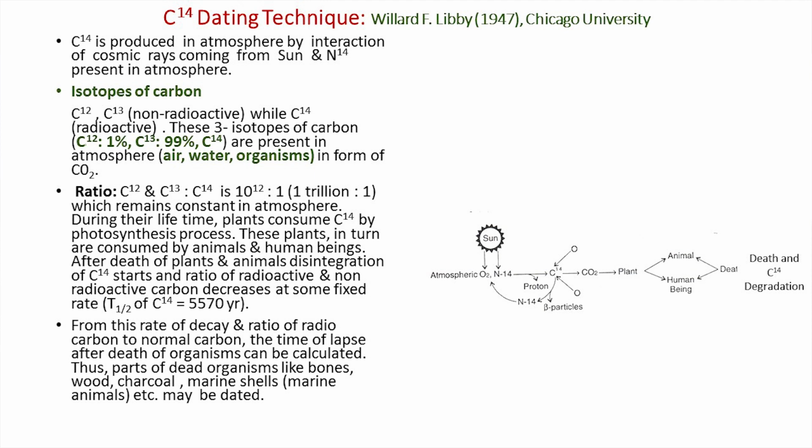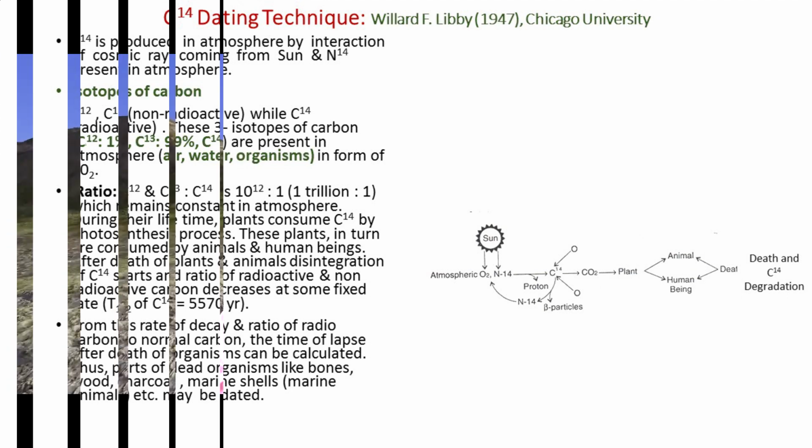The ratio of C13 in the atmosphere is 99%, and the C14 is present in the atmosphere in a very less amount. The C14 is produced in the atmosphere by interaction of cosmic rays coming from the sun and nitrogen 14 present in the atmosphere.